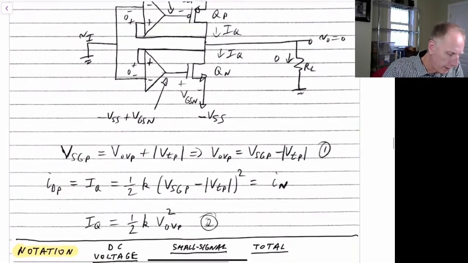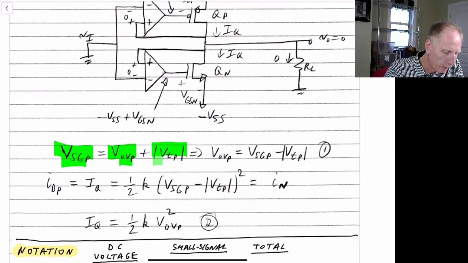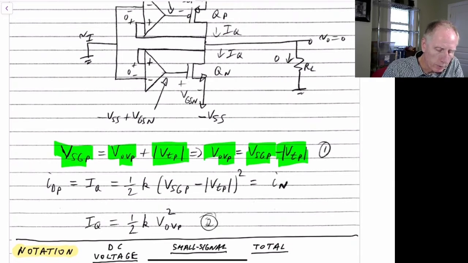So we can write that the source to gate of the PMOS transistor is the overdrive voltage of the PMOS transistor plus the magnitude of the threshold, in which case the overdrive voltage of the PMOS is the source to gate voltage minus the magnitude of the threshold.